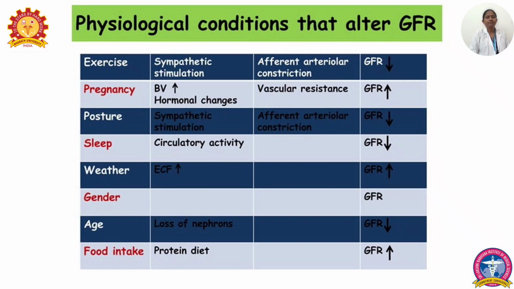So posture, sleep, weather, all this can alter it. Okay. Then age. In elderly individuals, there will be decreased GFR because of the declining function of the nephron. Okay. So the other things I think you can commonly understand.